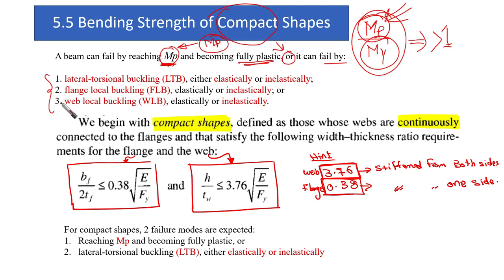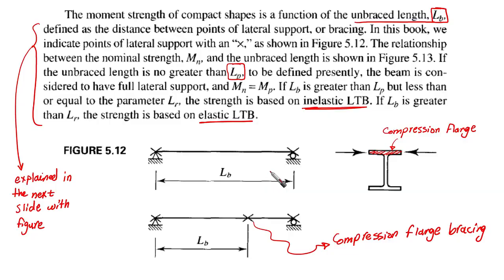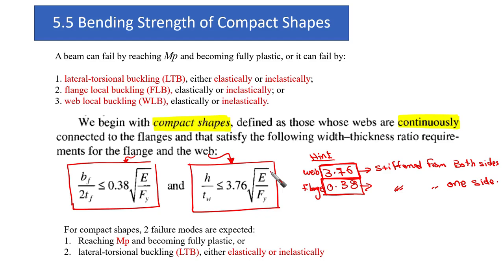I only want you to know the names now, and I'm going to fully explain them in a minute: lateral torsional buckling, which we call LTB, either elastically or inelastically, or flange local buckling, elastically or inelastically, or web local buckling, elastically or inelastically.